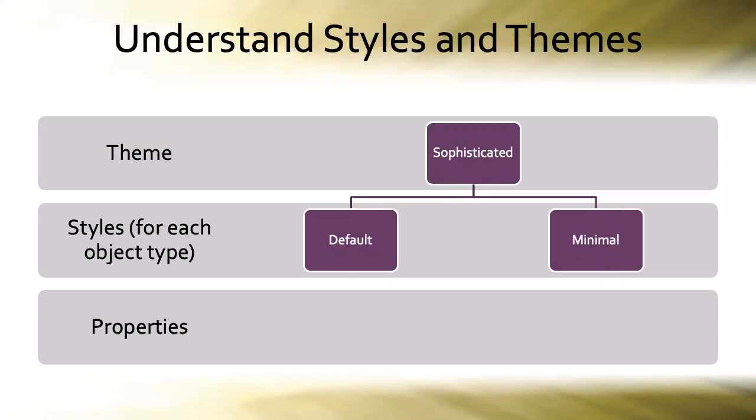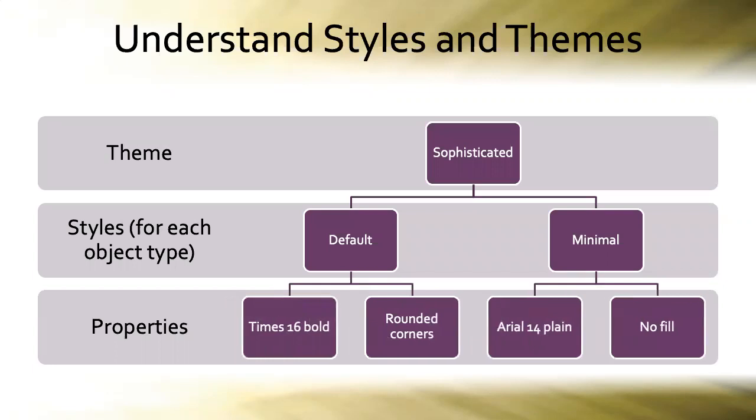So that Sophisticated theme might include, for let's say edit box type fields, two styles, a style called Default and a style called Minimal. And then each one of those styles can store multiple properties in its style definition. Things like font, size, style, Times 16 bold, corner rounding, fill color, no fill color, and so forth.